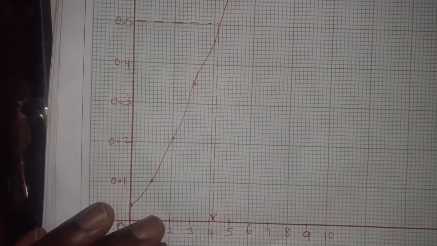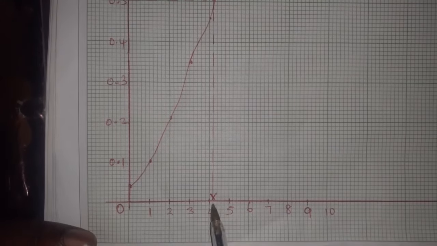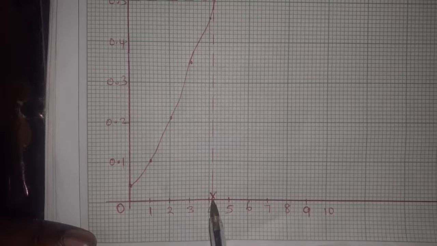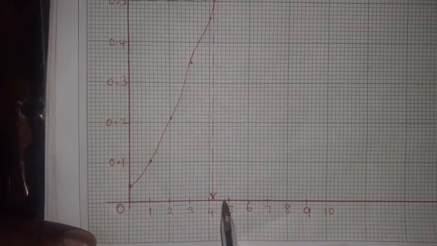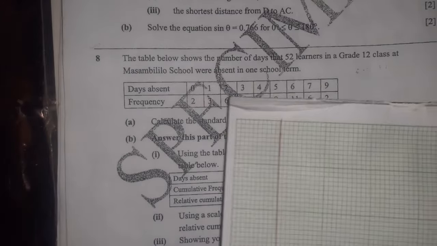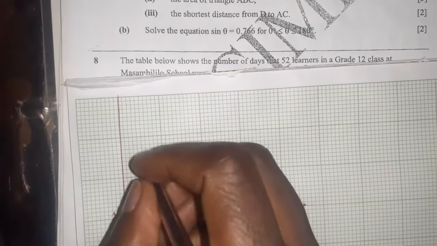If you see the way we count, this is 4, this is 5. So it's 4.2, 4.4, 4.6, 4.8, then 5. So this is 4.2 here. So we can write our answer to say B3.